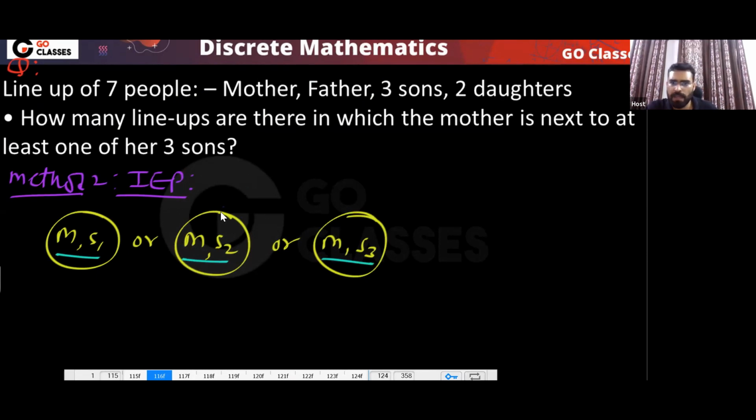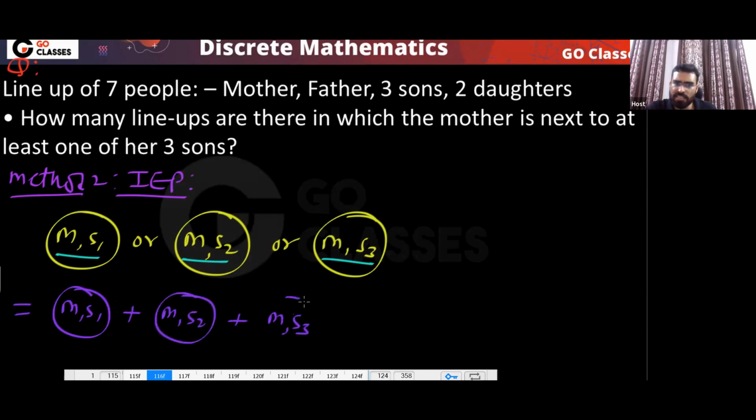Very simple. So tell me, mother with S1 or S2 or S3, what will the answer be? The answer will be mother with S1 plus when mother is with S2 plus when mother is with S3. Is this the correct answer?